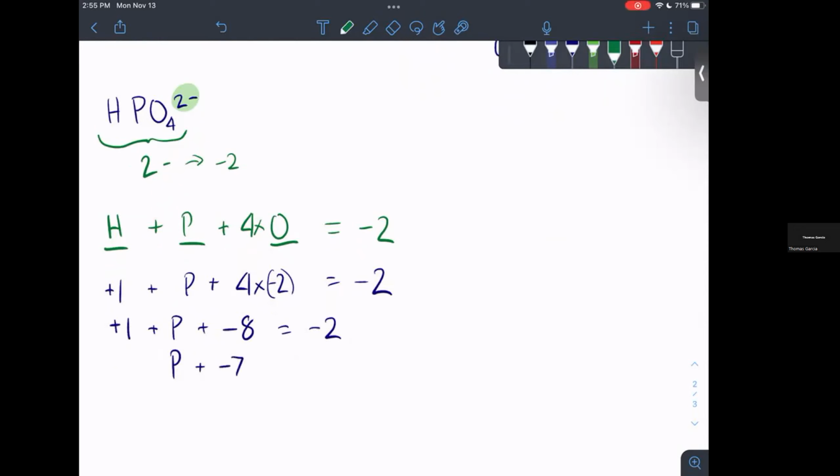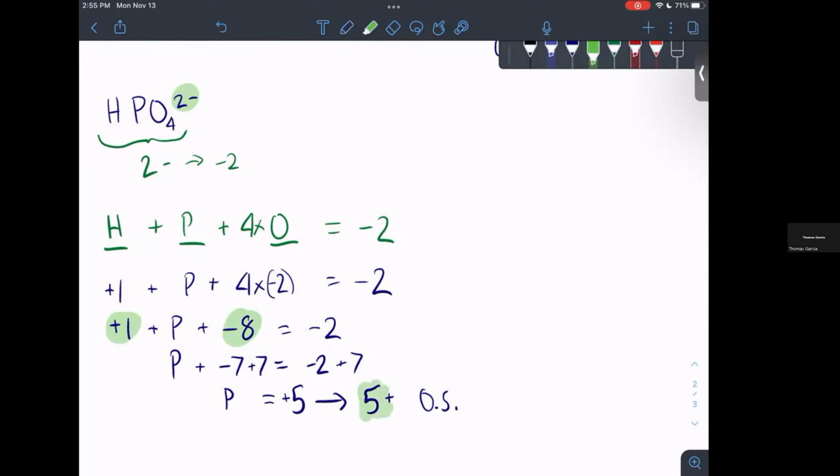That is me combining the +1 and the -8. P plus a -7 equals a -2. Doing some math, adding 7 to both sides, P is equal to a +5, or in the chemistry world, a 5 plus oxidation state. So in this case, phosphorus has an oxidation state of 5 plus.